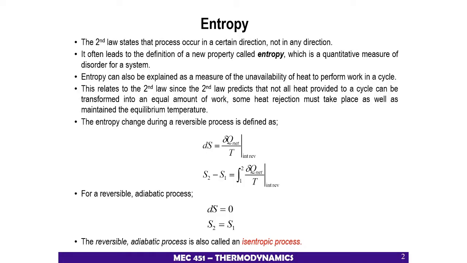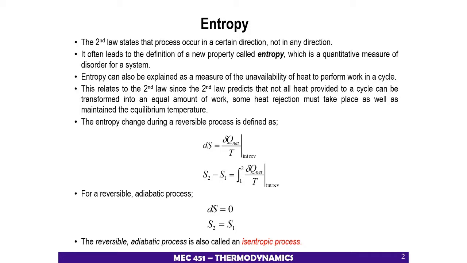So the second law states that processes occur in a certain direction, not in any direction. It often leads to the definition of a new property called entropy, which is a quantitative measure of disorder for a system. Entropy can also be explained as a measure of the unavailability of heat to perform work in a cycle.